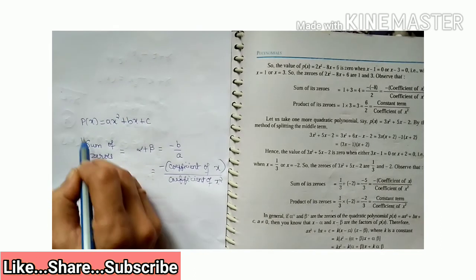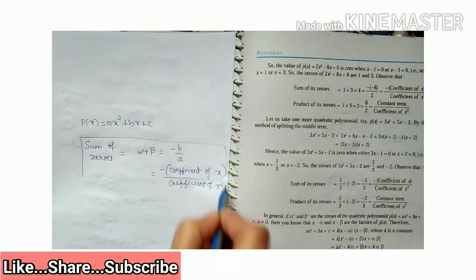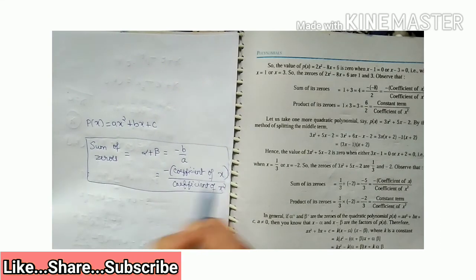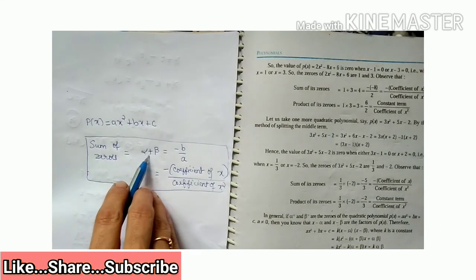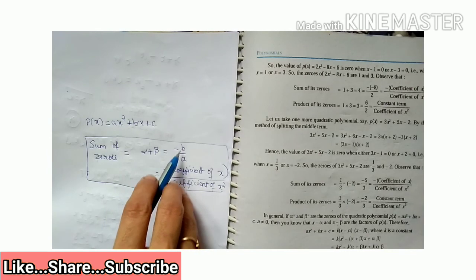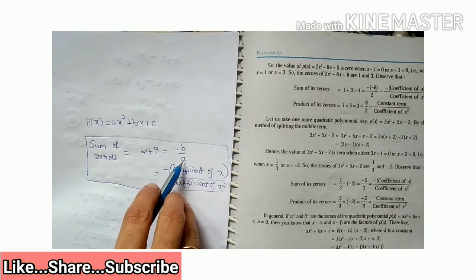This is the relation. You have to learn this by heart. Sum of zeros is equal to alpha plus beta is equal to minus b by a: b means coefficient of x divided by coefficient of x square.